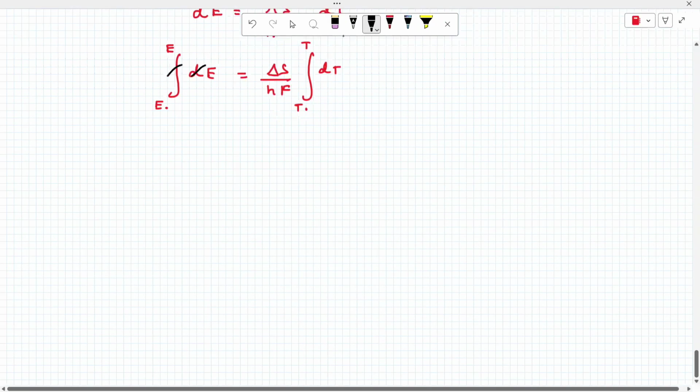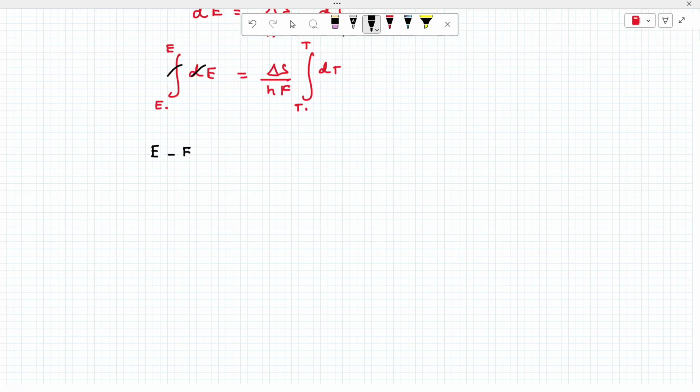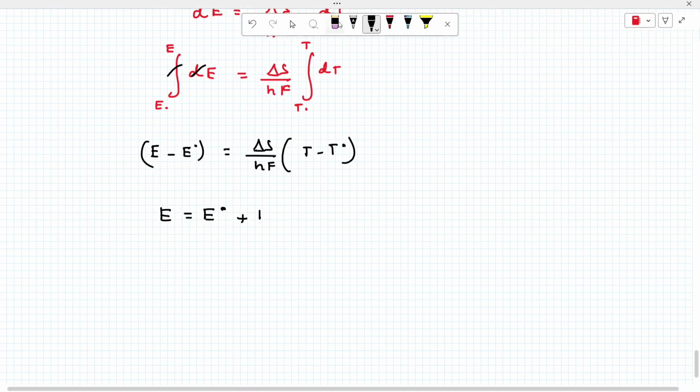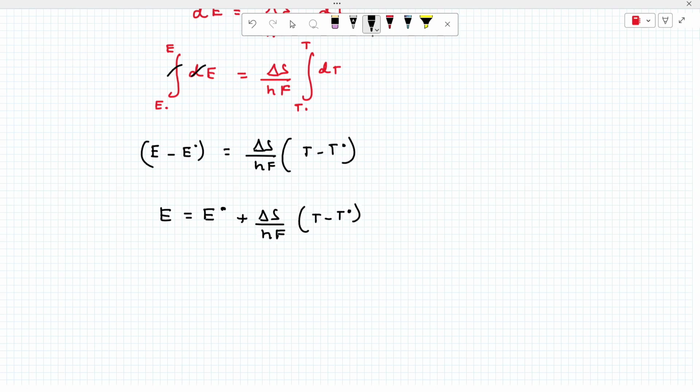Upper minus lower, so E minus E naught equals delta S by nF into T minus T naught. Therefore, what is the formula now? E cell equal to E naught cell plus delta S by nF into T minus T naught. This is the formula.